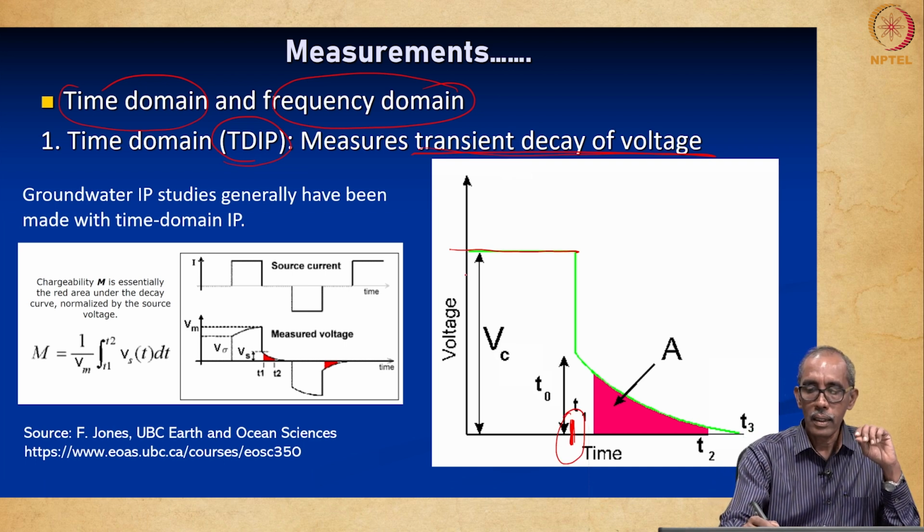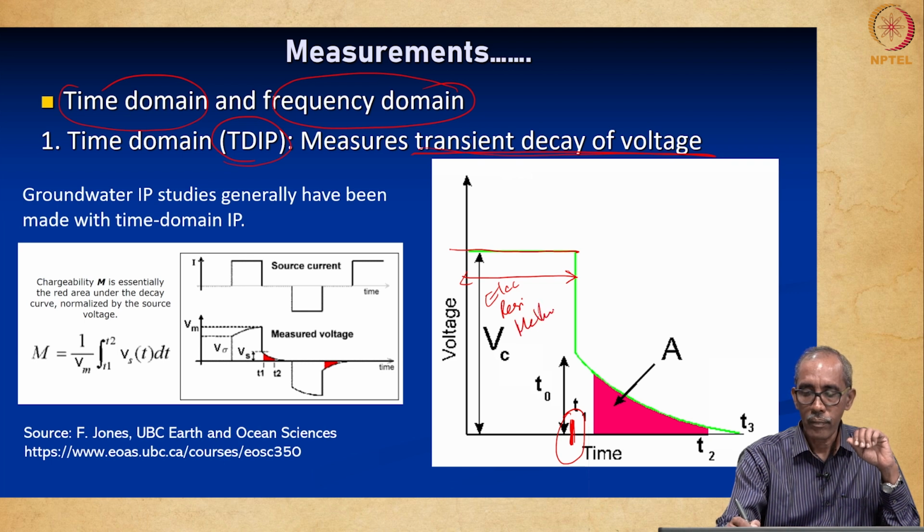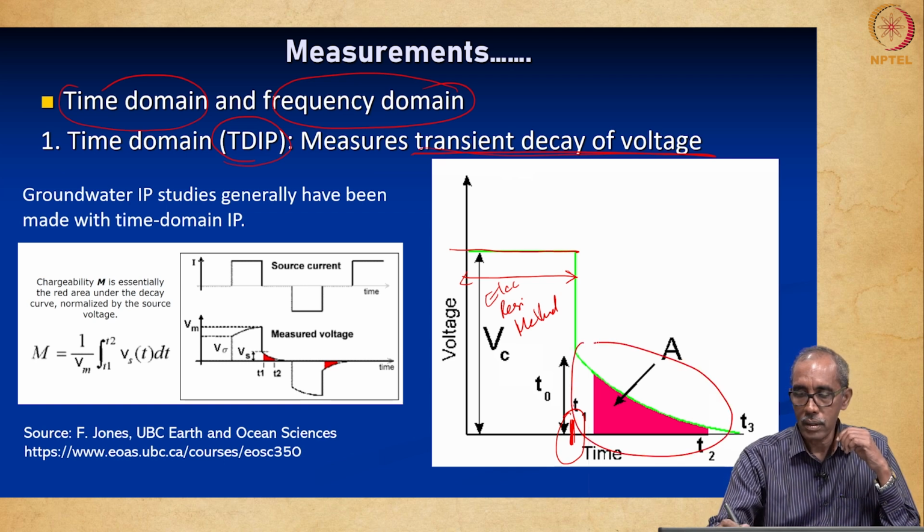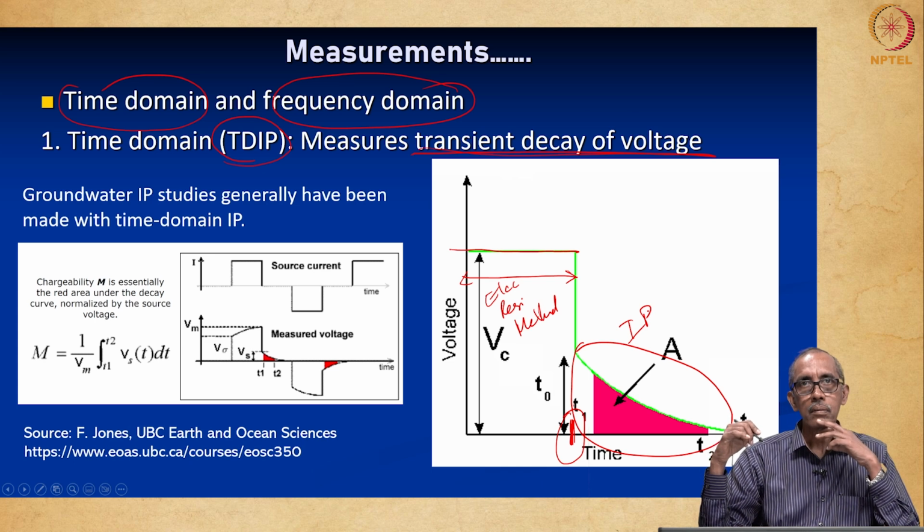At this time, we have stopped the application of current. So, until this time, it is actually a simple electrical resistivity method. This is what we did under resistivity method. Now, we stopped the application of current here. Now, our focus is going to be on this area. This is what is known as IP method, right.